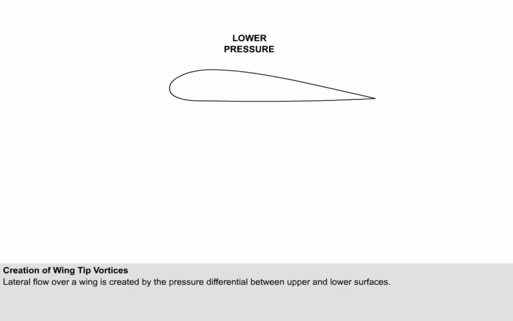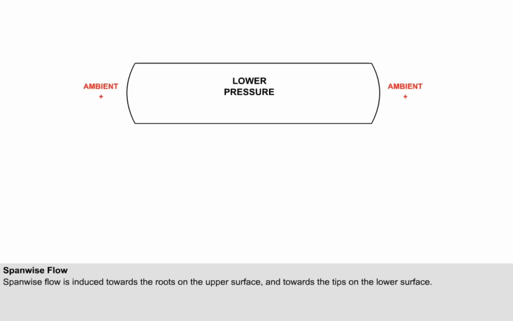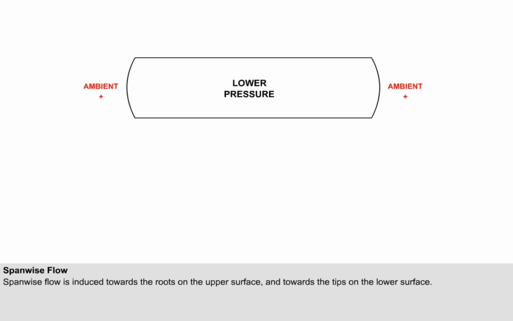Air flowing over the top surface of a wing is at a lower pressure than that beneath, which can be at a pressure similar to, slightly higher or slightly lower than ambient, depending on angle of attack and wing section. The pressure differential induces spanwise flow from high to low, towards the roots on the upper surface and generally towards the tips on the lower surface.